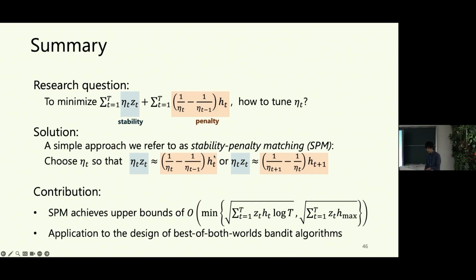And our main contribution is that by applying this update rule, we get an adaptive upper bound. And this leads to unified and generic methodologies for designing best of both worlds bandit algorithms.